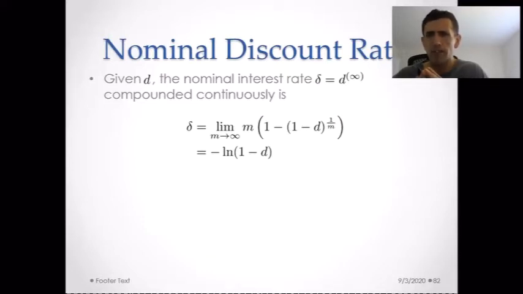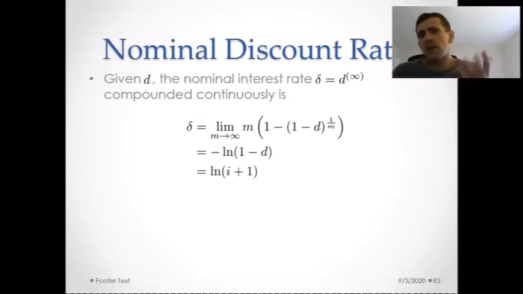But 1 minus d is 1 over 1 plus i. You can check that with a little bit of algebra, because d is i over 1 plus i. And we know, or should know, ln of 1 over i plus 1 is minus ln of i plus 1.